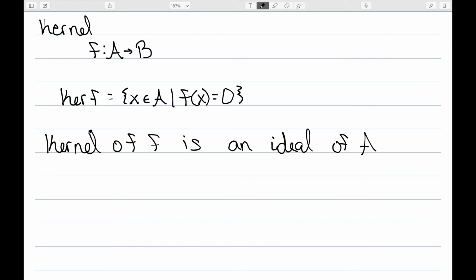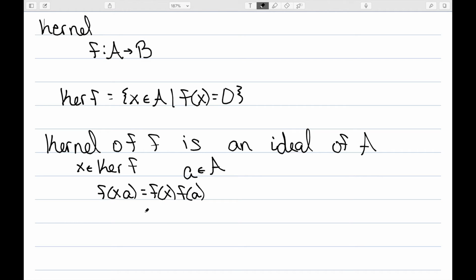We have an element x belonging to my kernel, and an element a belonging to my ring A. Well, f of xa is the same thing as f of x times f of a. f of x is 0, and 0 times any element is 0, so this would still be in the kernel. So this does absorb products, and it is an ideal.